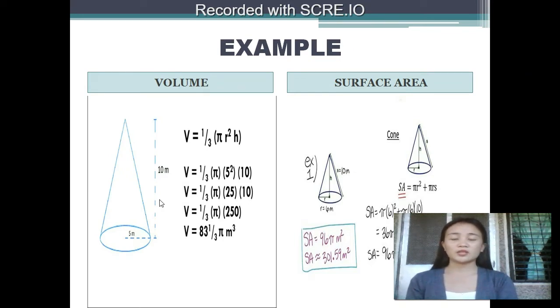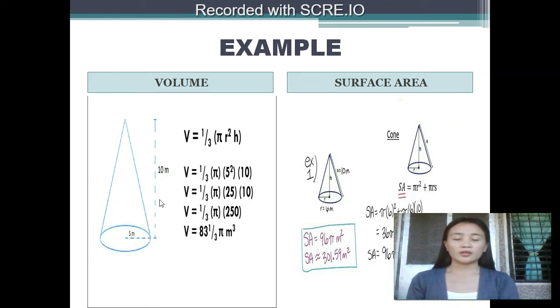So we substitute, then we have 1/3 multiplied by pi multiplied by 5 squared multiplied by 10. Then volume is 1/3 the quantity of pi, and then the quantity of 25 and 10.